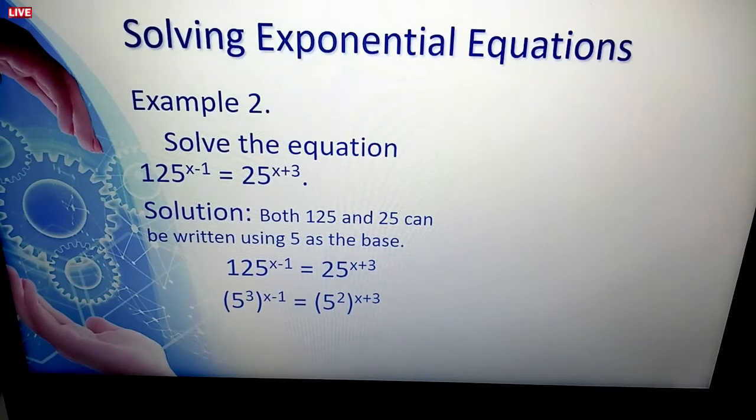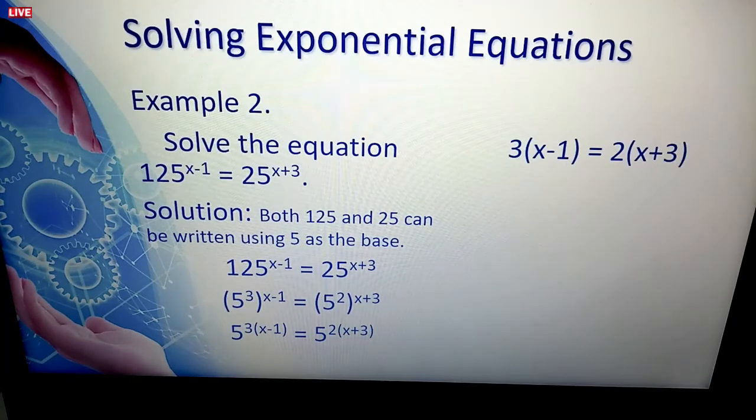Following the law of exponents, the 3 will be multiplied with the other exponent, x minus 1. The same on the right side, 2 times x plus 3. That is one of the laws of exponents. Same base means the exponents will be equal.